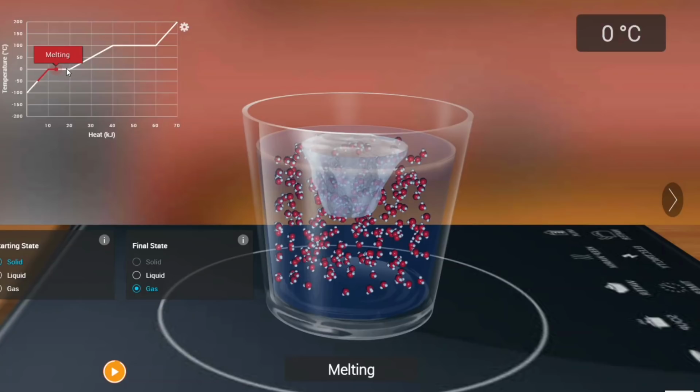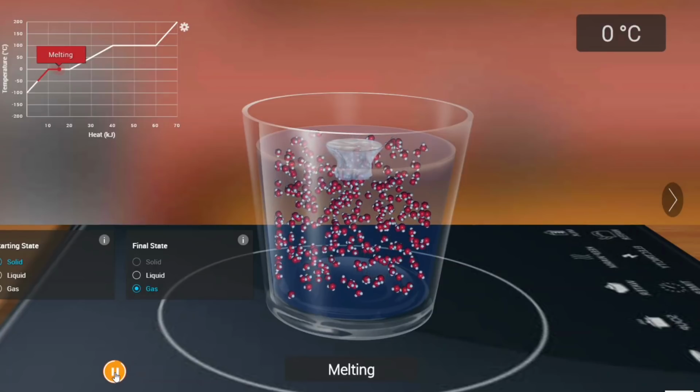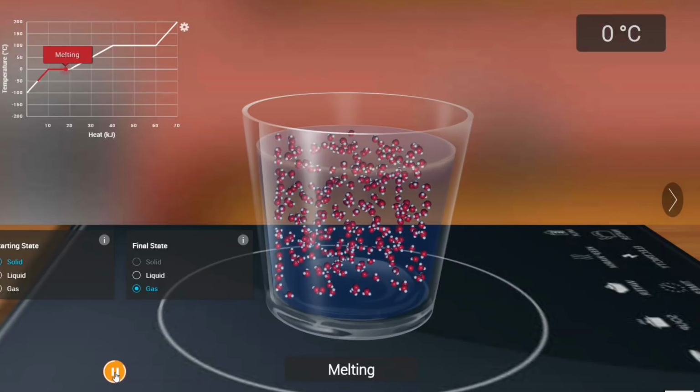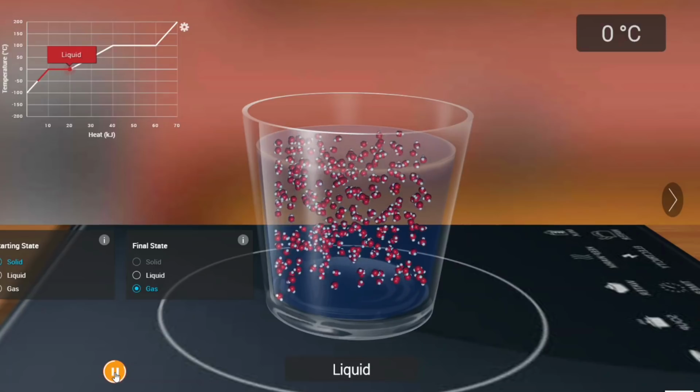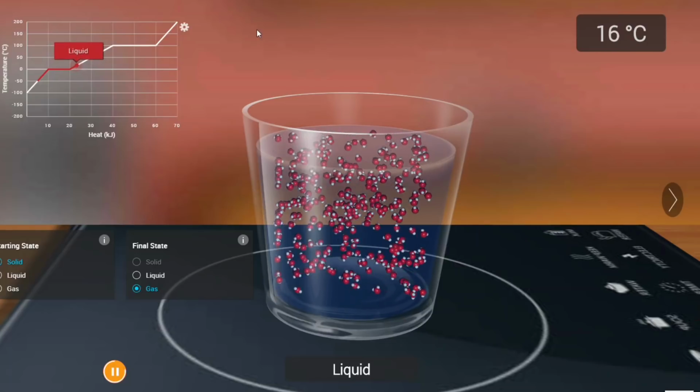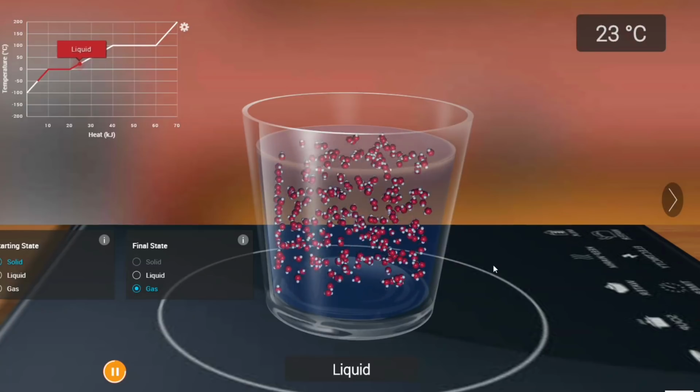Once the melting is completely done, all you have left is water, liquid in this case. This is H2O, by the way, in case you didn't pick that up. Like I said, reds are oxygen, whites are hydrogen, so you can see little molecules of H2O roaming around here. All right, we're at 0 degrees. We're going to let this finish melting. Okay, it's starting, and as you add heat, now we've got a liquid, and every now and then there's enough energy to free one of the molecules away from the liquid phase, and it turns into a gas.